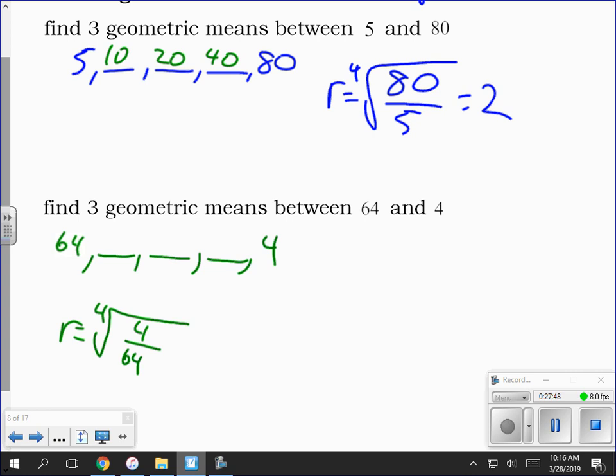By the way, type in 4 over 64 as a fraction first and see what happens. Just don't take the root, just do 4 over 64 as a fraction. What do you get? You get 1/16. It automatically reduces your fraction. So if you want to reduce fractions, your calculator will reduce fractions for you, if they're reducible.